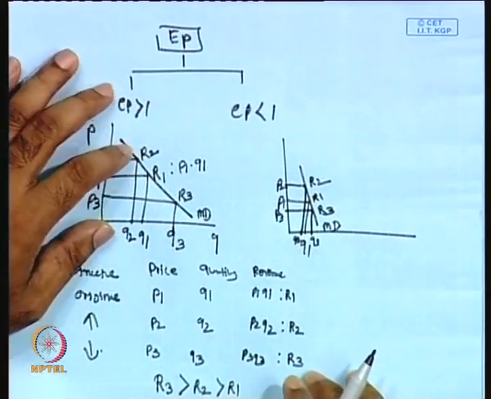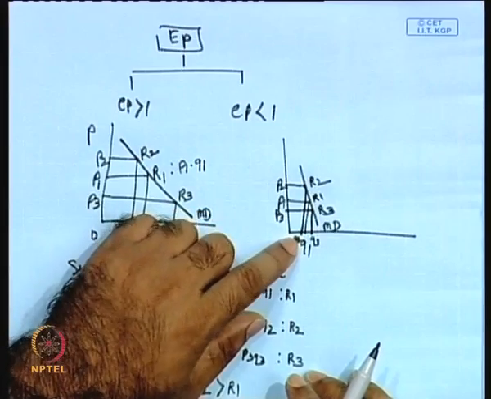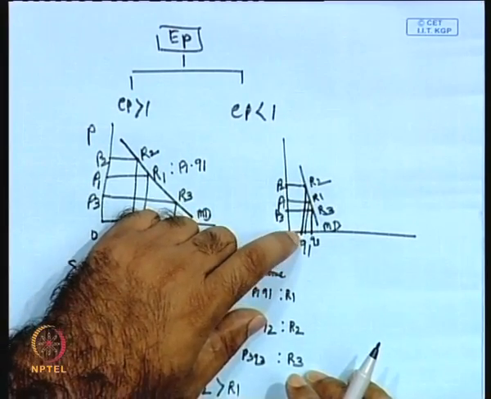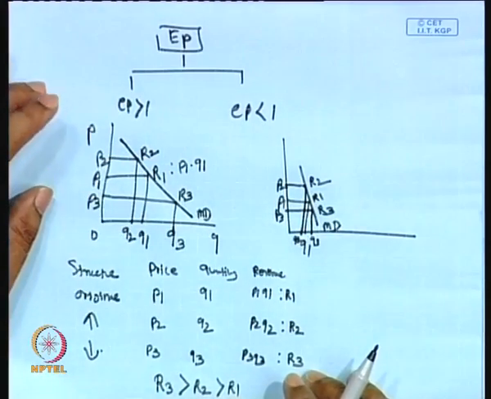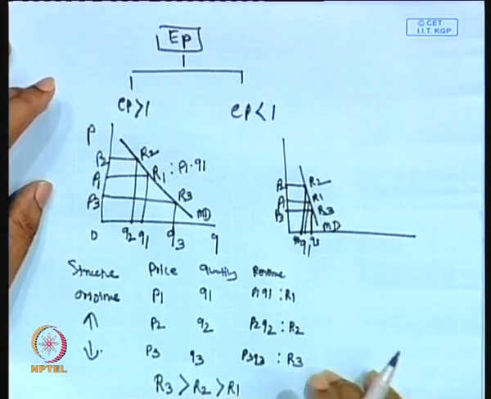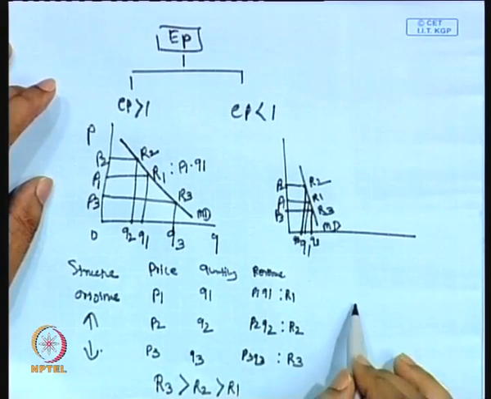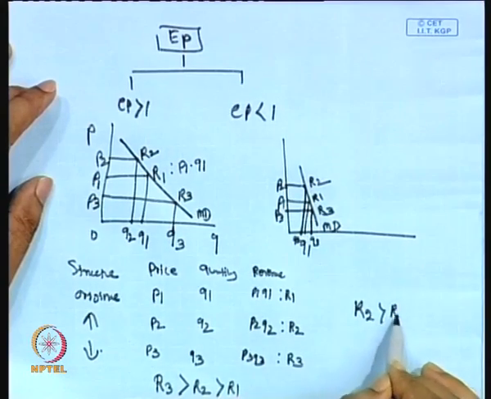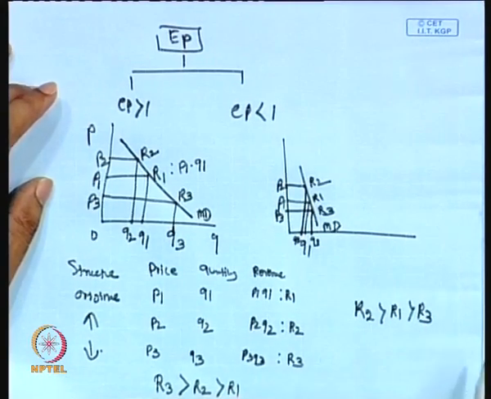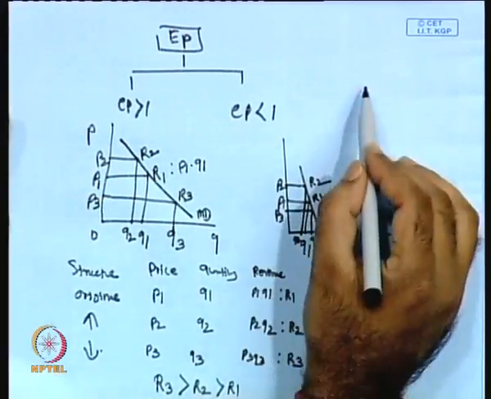But in this particular situation, if we go for a high increase of price, the decrease in quantity is very small, but if we decrease price, the increase in quantity is also very small. So if you go by the same strategy, the sequence here will be R2 greater than R1 greater than R3.